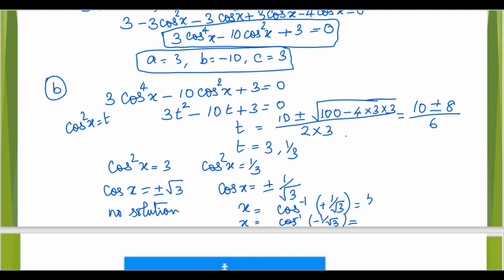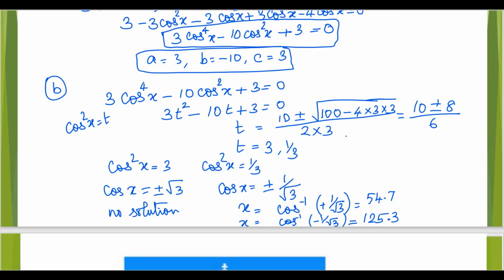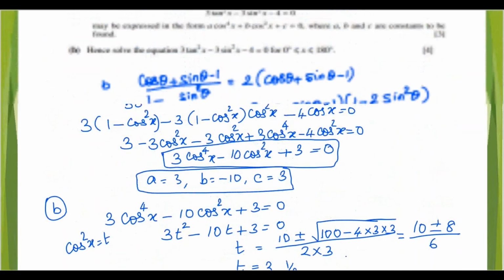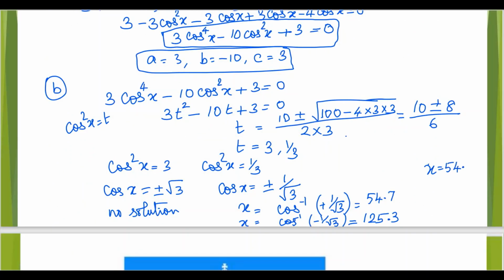This is 54.7 and this is 125.3. So x equal to 54.7 and 125.3. These are the two solutions.